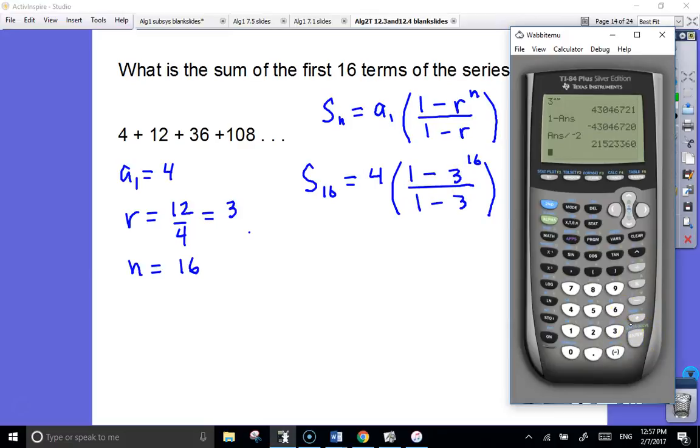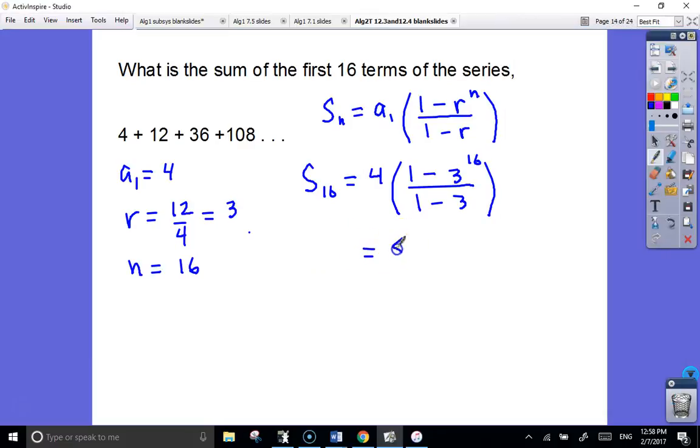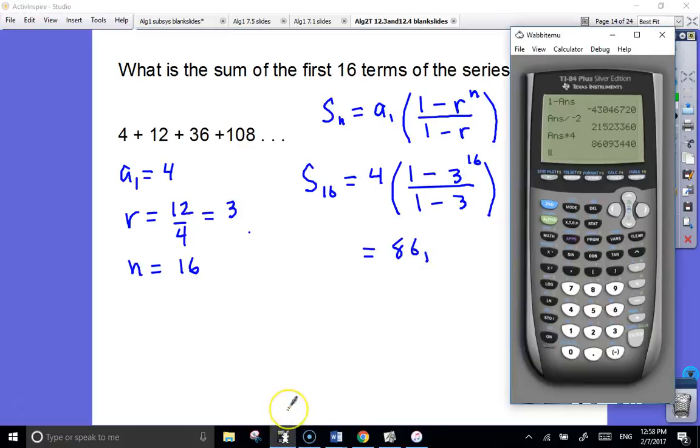And then I've got to multiply times 4. And it looks like it's 86,093,440.